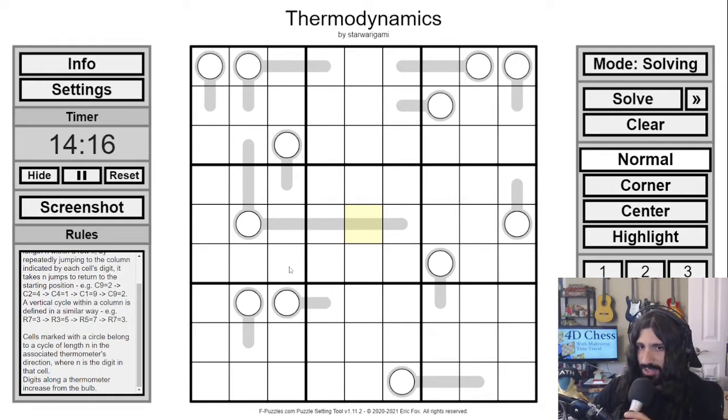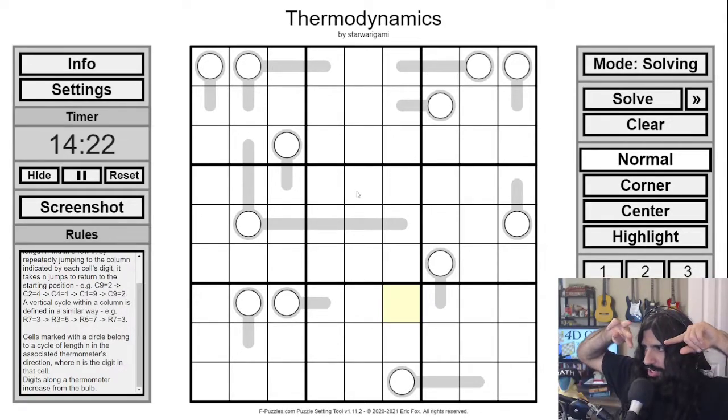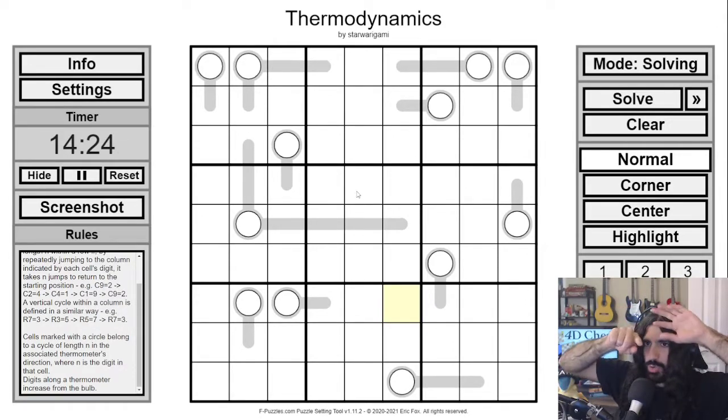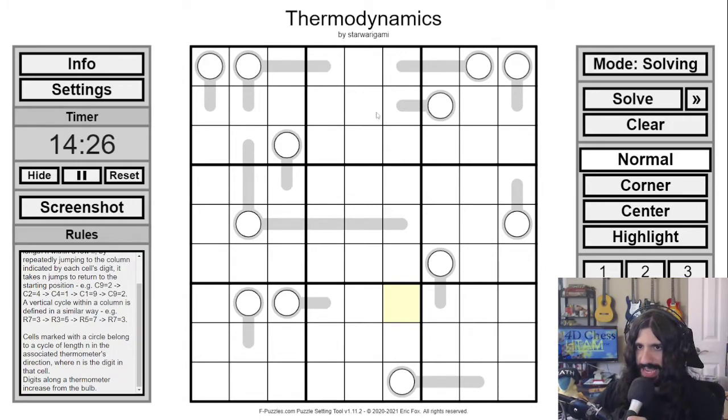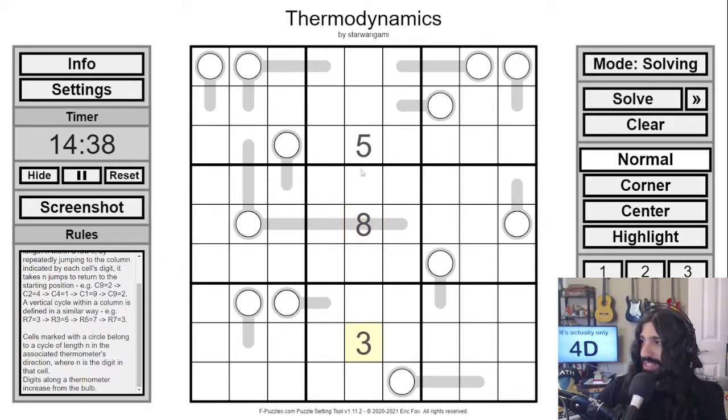A cycle is a series of cells in a row or column that point to each other and that create a loop. So for example, if we have a 5 here, an 8 here, and a 3 here, this is a cycle of length 3.